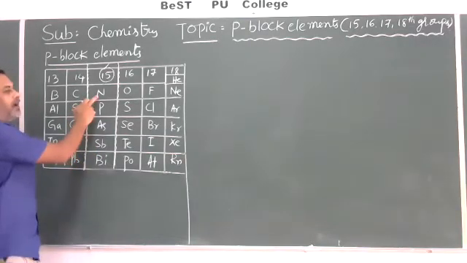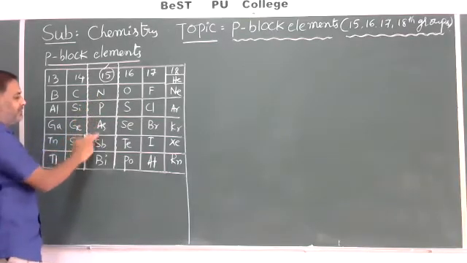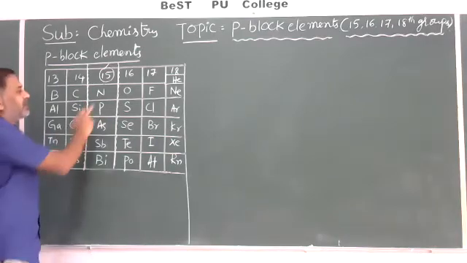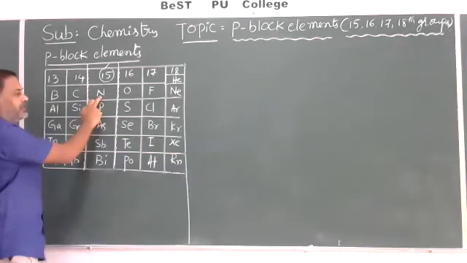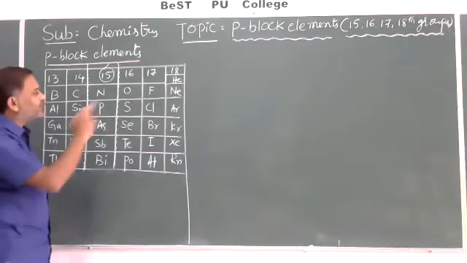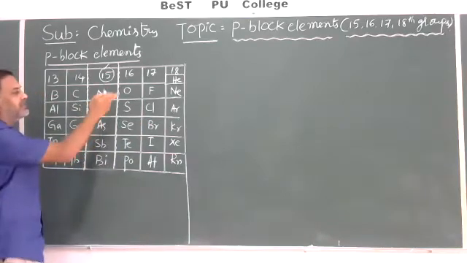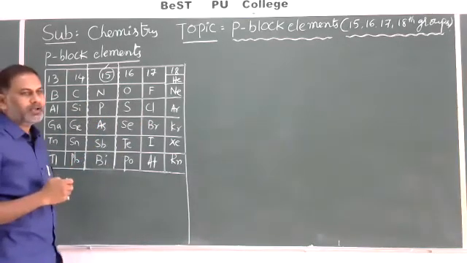The occurrence of nitrogen, phosphorus, arsenic, antimony, and bismuth was clearly given in the last class. Nitrogen is generally a gaseous diatomic molecule, 78% by volume and 80% by mass in atmospheric air and earth crust.